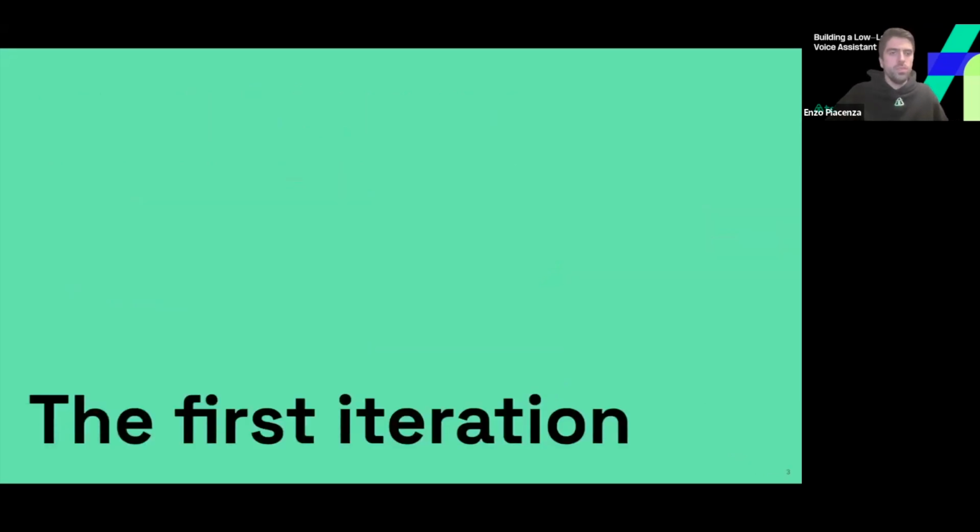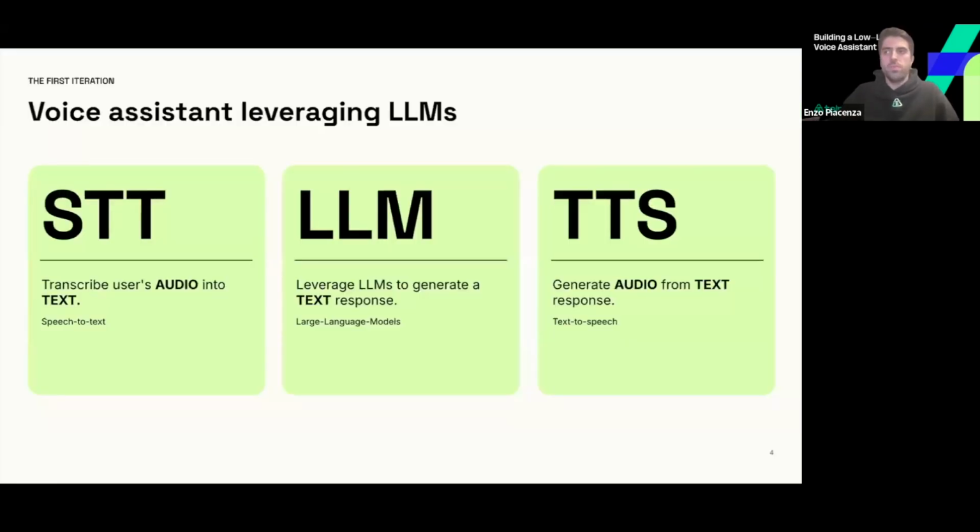For the first iteration, I would like to remind you what we are going to talk about. Our voice assistant that leverages LLMs is split into three different components. The first is speech to text, which takes the user audio and turns it into text. Then the LLM part, where we leverage LLMs to generate a text response out of the user's text.